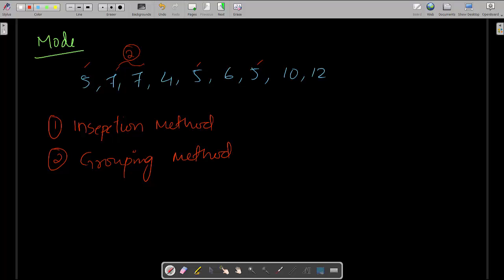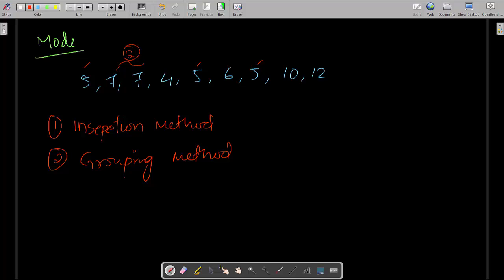In the inspection method, the name itself says that you can inspect a series, a set, for the number that is repeating frequently. Here we have used the inspection method to figure out the mode value. Just by looking at it, we can say that number 5 is repeating frequently, therefore our mode value is 5 here.